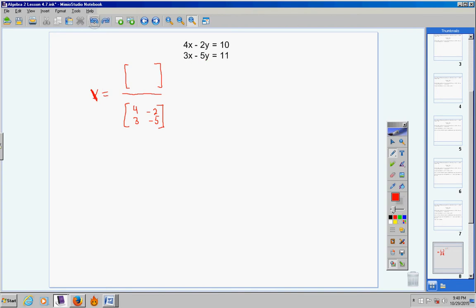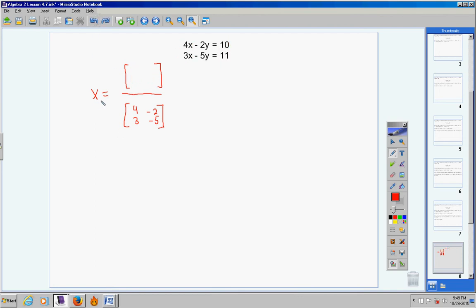But I'm solving for x, so since I'm solving for x, I'm going to drop out the x column. I'm going to pick up these two numbers here and put them in place of those two numbers, 4 and 3. So there's your new matrix. 10, 11, -2, -5.